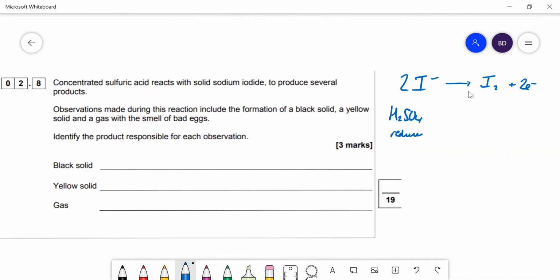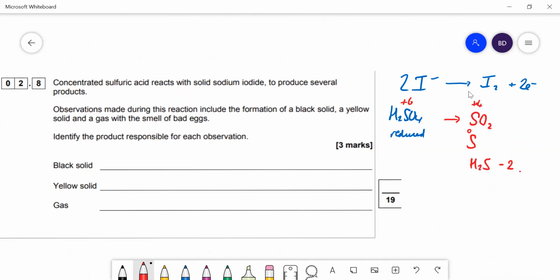If you remember, the sulfur there has a +6 oxidation number. It can get reduced to SO2, which is +4, it can get reduced to sulfur, which is obviously 0, and it can get reduced all the way down to hydrogen sulfide, which is -2 oxidation number.